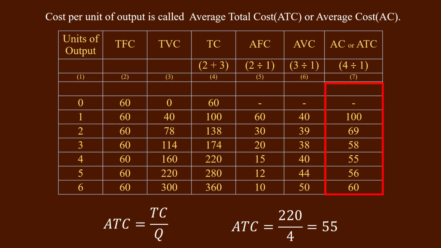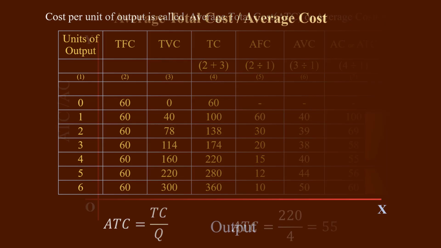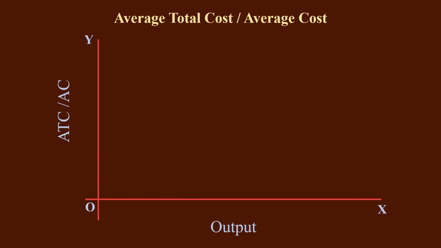Try to understand the behavior of average total cost. To begin with, average total cost falls. It becomes minimum when output is 4 units. After that, it increases. Keep this while drawing the graph of average total cost curve.